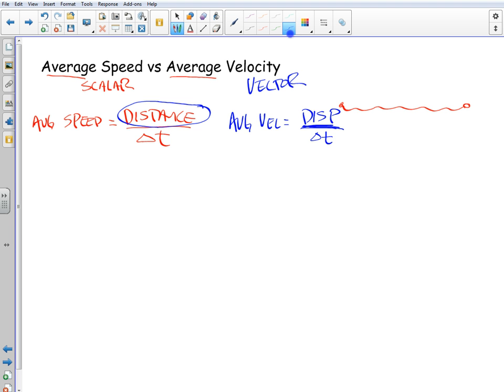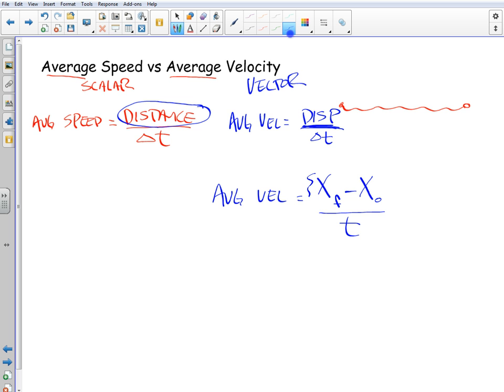So your average speed would be larger than your average velocity. By the way, you calculate your average velocity simply as your final position minus your original position, divided by the time it took you to get from one to the other.